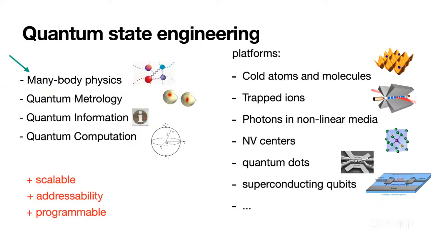The goal in this field is that you have quite generally some kind of quantum state engineering. So you want to have very good control over single qubits and then scale them up while keeping things like addressability. You want to address every single qubit separately, have lots of tuning knobs, change parameters, densities, temperatures maybe.